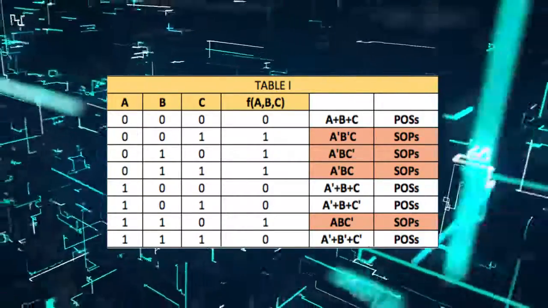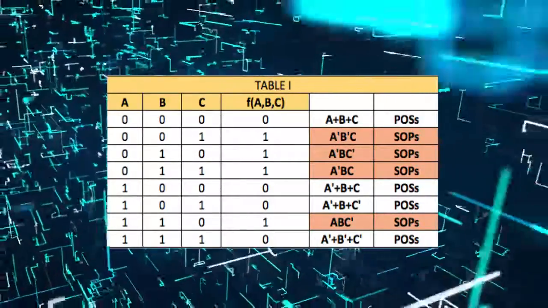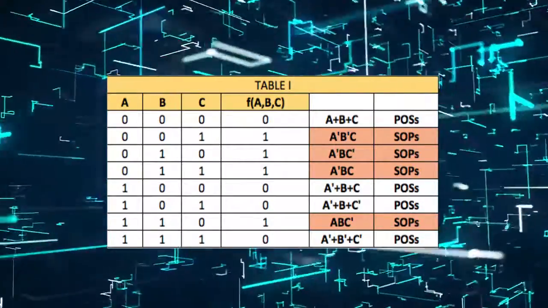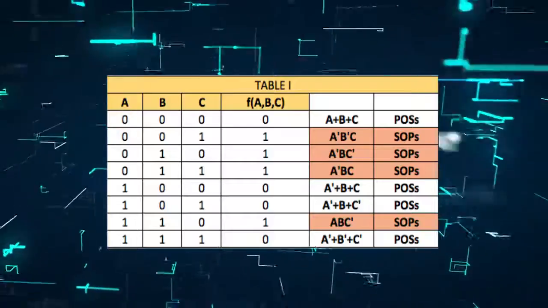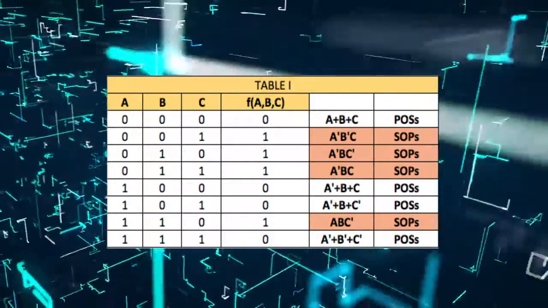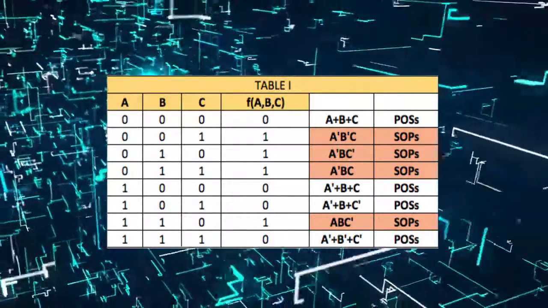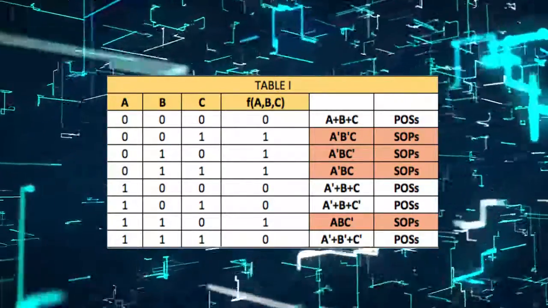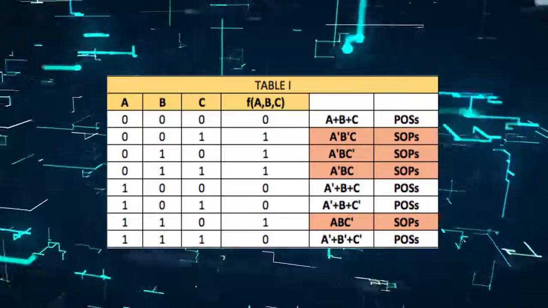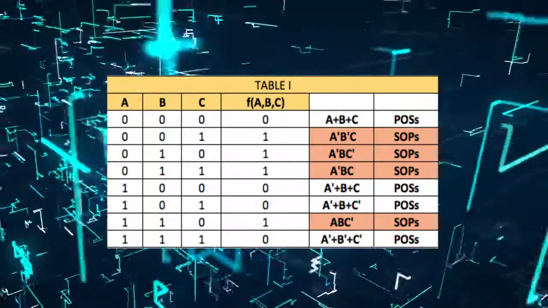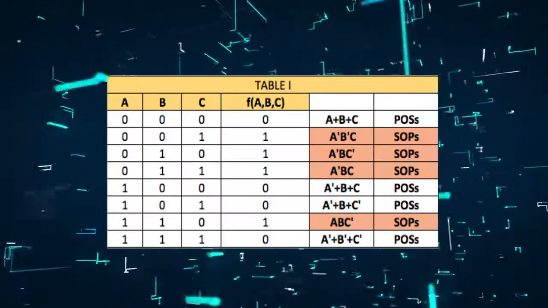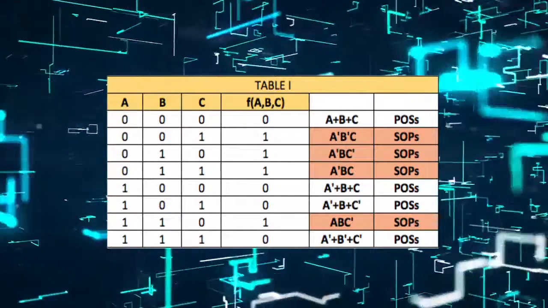You only select the zeros, and for the zeros you create an OR function. Imagine you have 3 variables A, B, C, and if you have a 1, you need to change it for a 0. Then that variable will be negated. Imagine you have a 1, a 0, and a 0, and the result is 0.